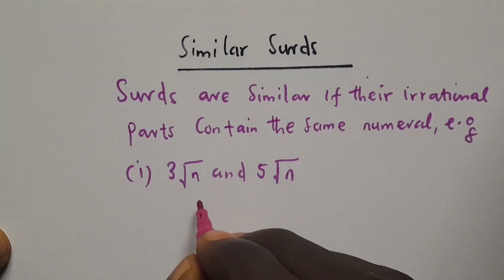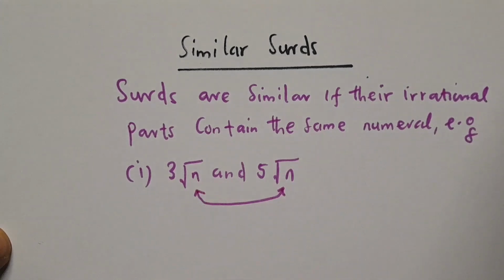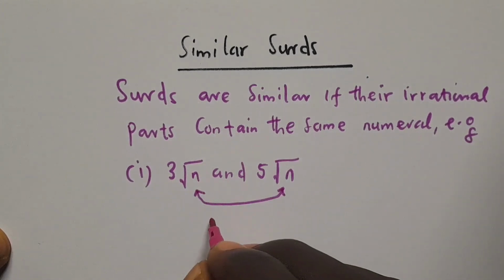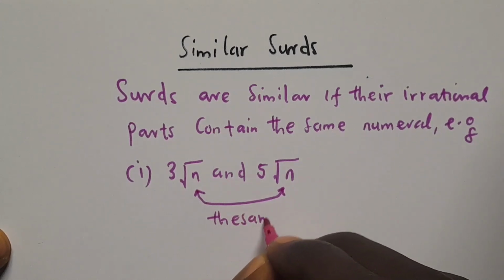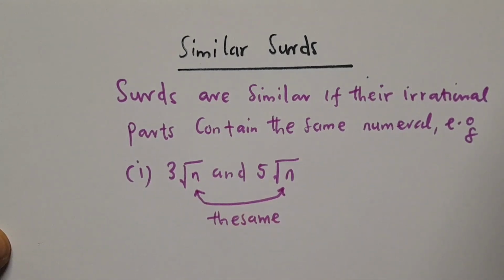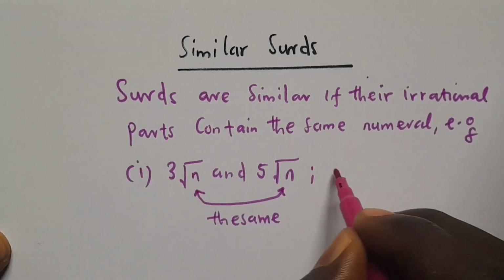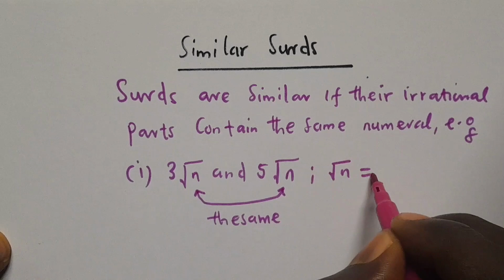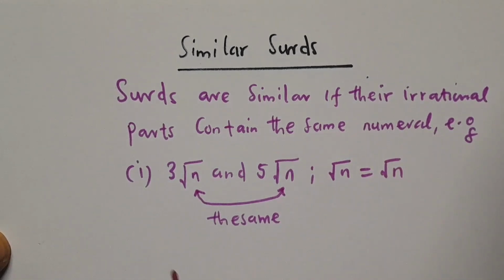So the square root of n in these two surds are their irrational parts, and they have the same numeral, which is n. Therefore, these two surds are similar. We have 3 root n, we have 5 root n. The irrational part, which is root n, is the same in both, therefore they are similar surds.